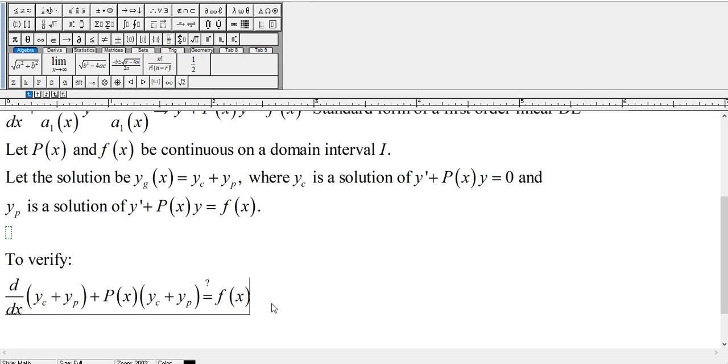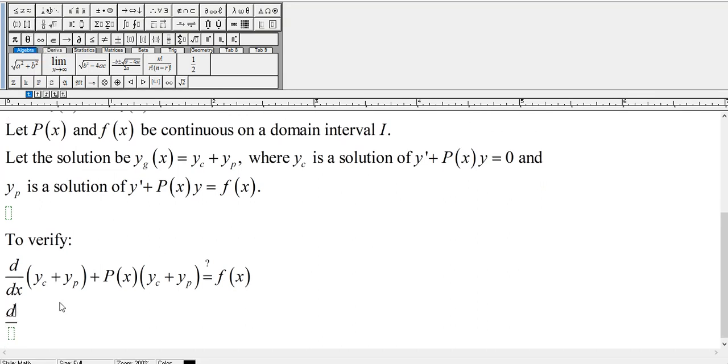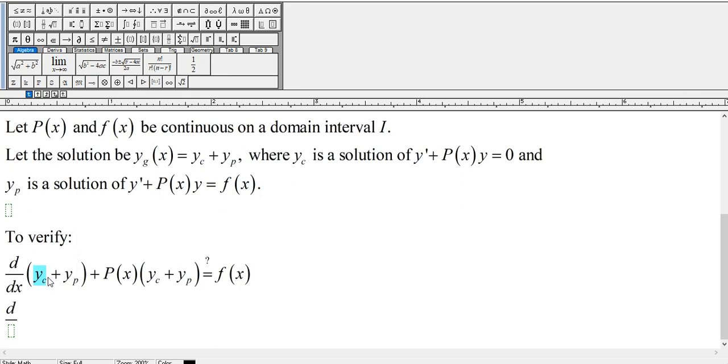So when we distribute all this, we would get the derivative of y common, d yc dx, and then plus the same thing but with the particular solution, where you distribute this derivative, so this would be y p for my particular solution.